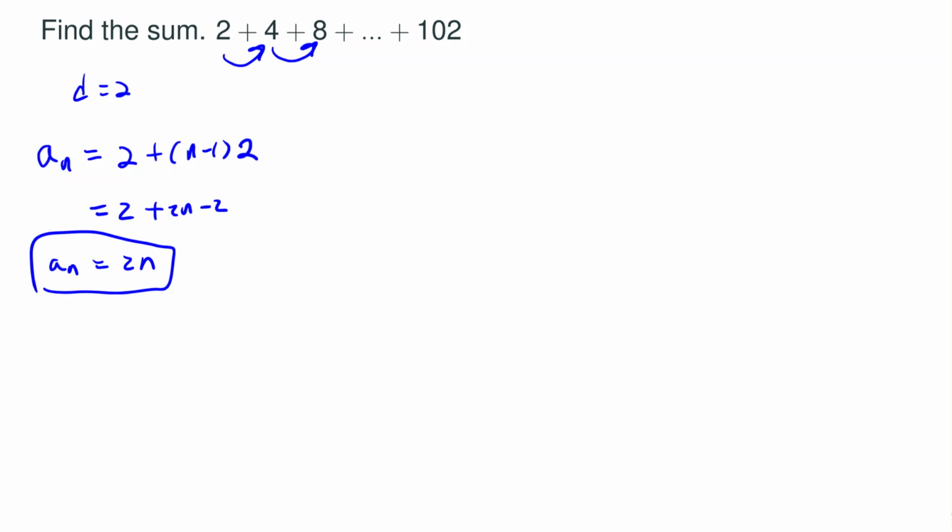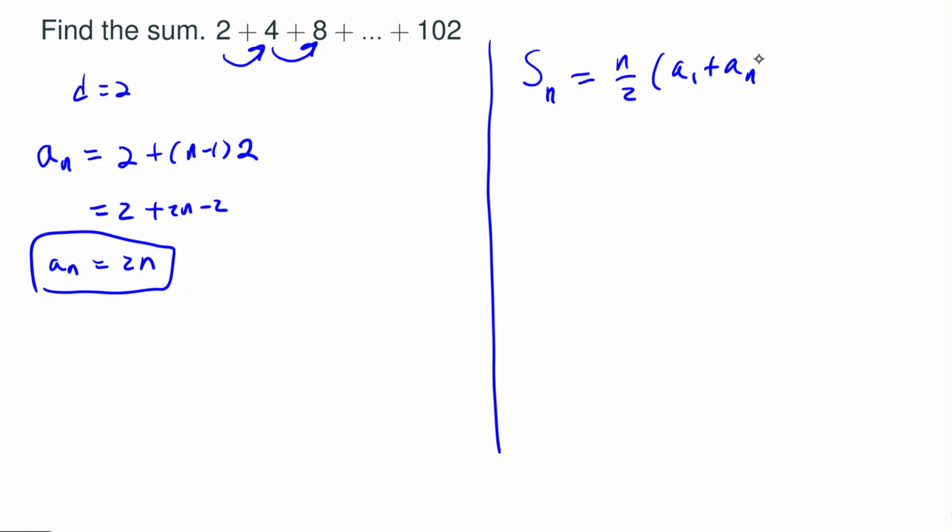Okay. So for finding the sum of an arithmetic sequence, we can use the arithmetic sequence formula, which is S of n equals n over 2 times the first term plus the last term. We can use this formula to find this sum. In order to do that, we need to find out how many terms we're adding.